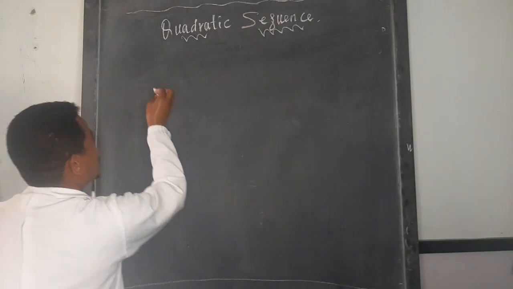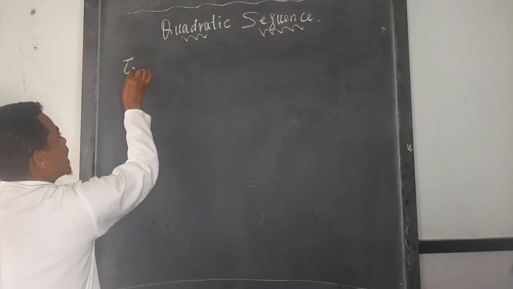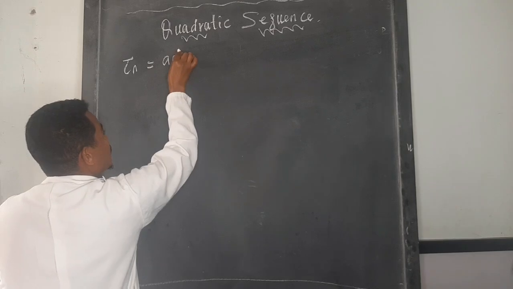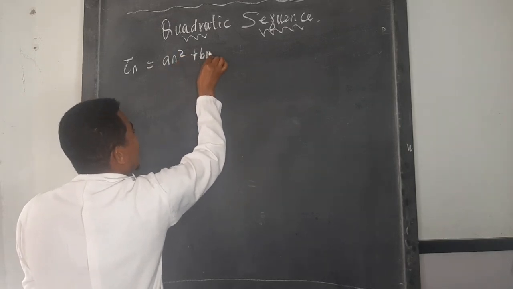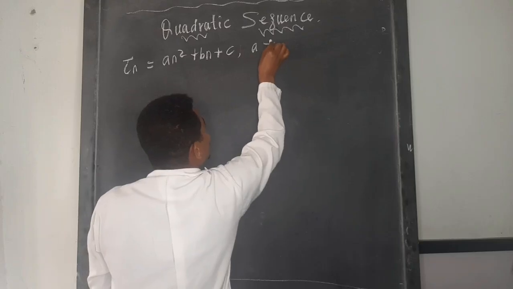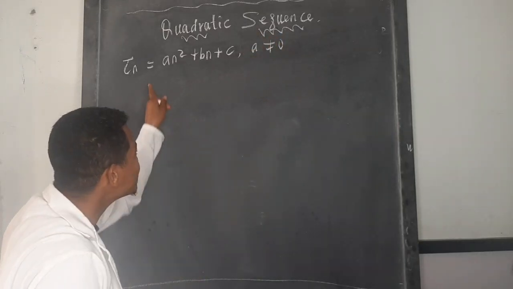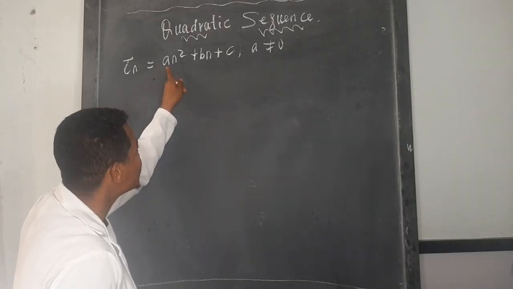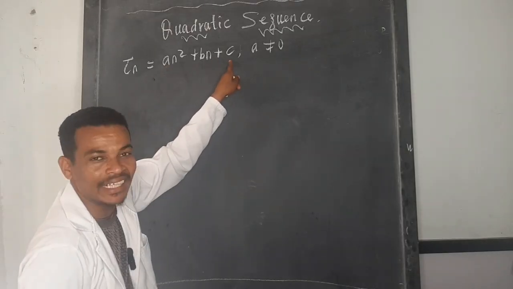Now we have said Tn in a quadratic sequence is equal to an square plus bn plus c, where a is different from 0. This is the general form for quadratic sequences. So how can we find the values of a, b, and c?